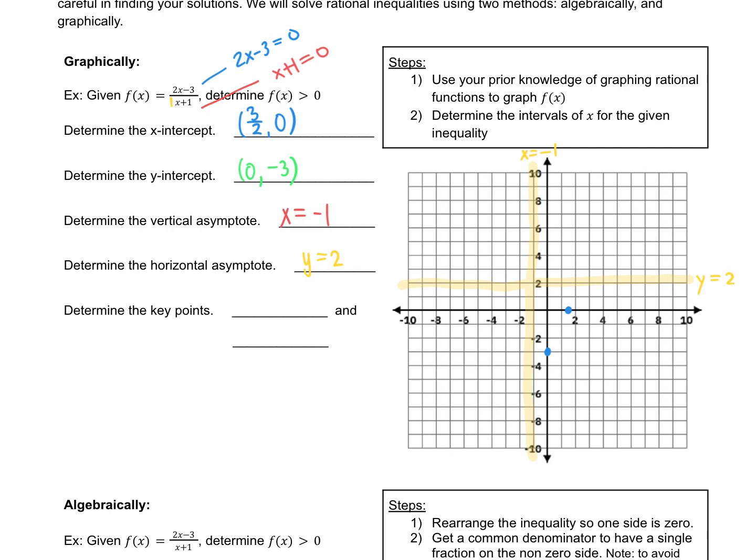In terms of the key points, I would use one value to the left and one value to the right of the vertical asymptote. So to the left would be at -2. If I evaluate f at -2, that would be 2 times -2 subtract 3, which is -7, and then -2 plus 1, which is -1, to get (-2, 7).